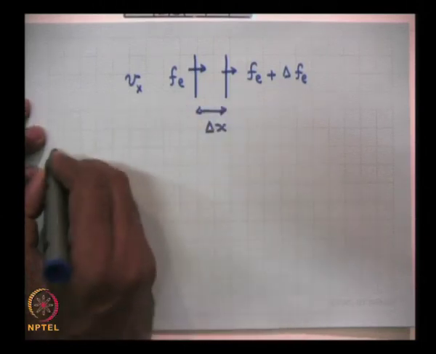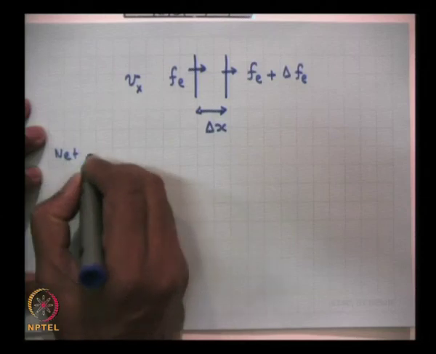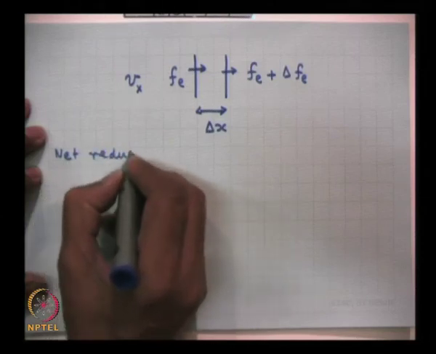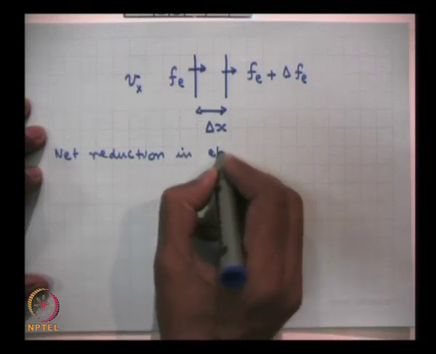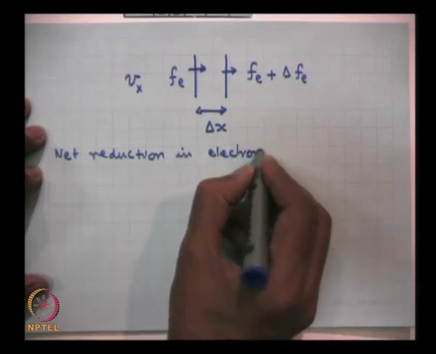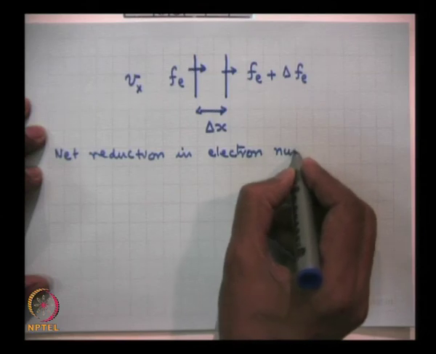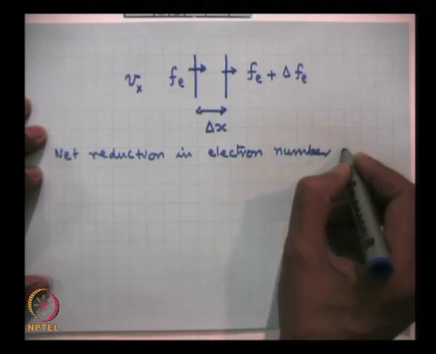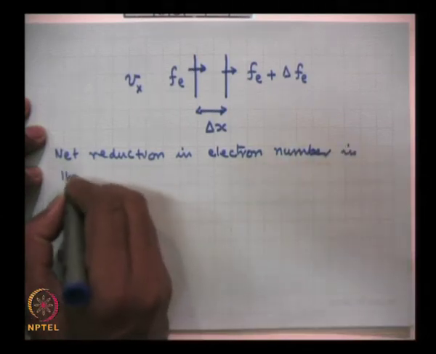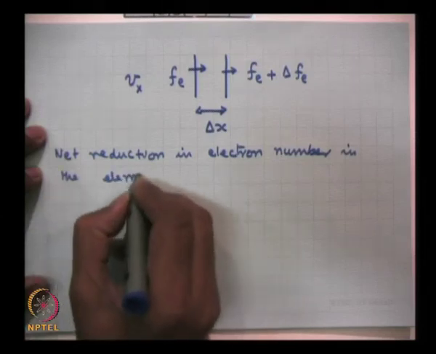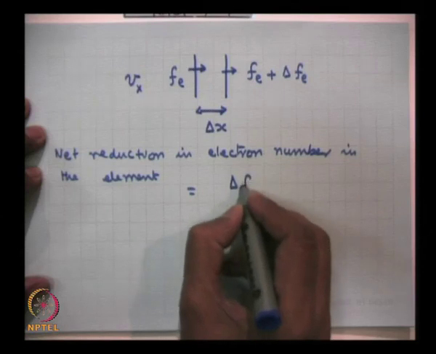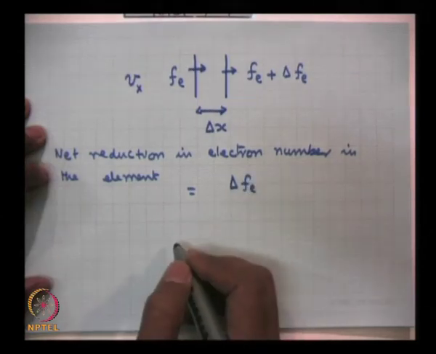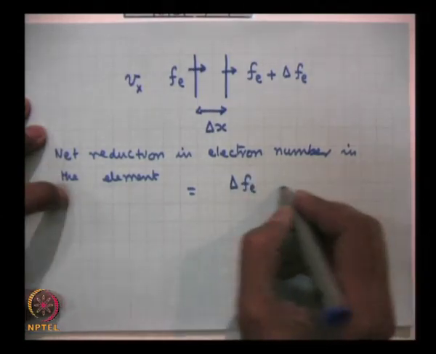So, net reduction in electron number in the element is equal to delta Fe per second.